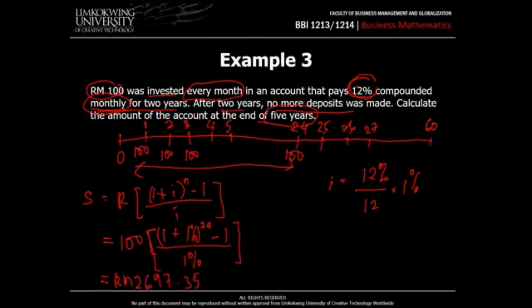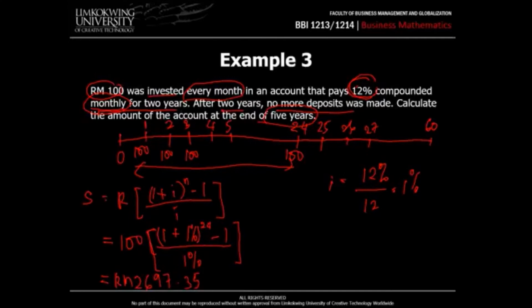Okay. So are we done with the future value? We are not yet done, because we have the remaining 3 years. But in these 3 years, there is no deposit of 100 monthly.